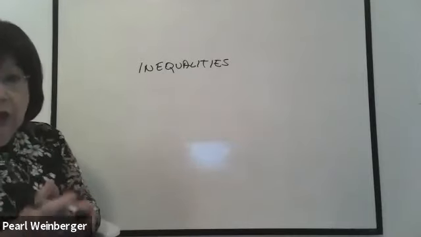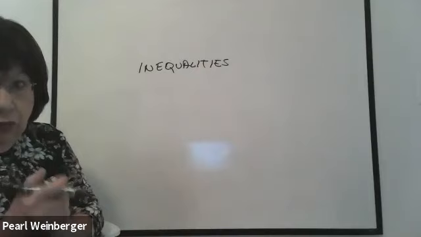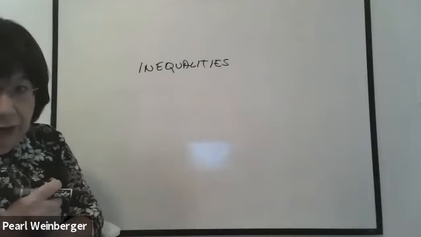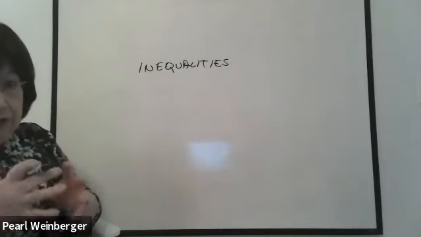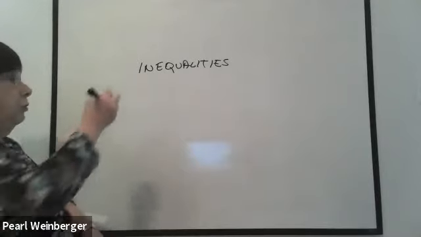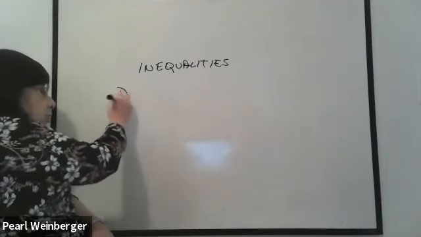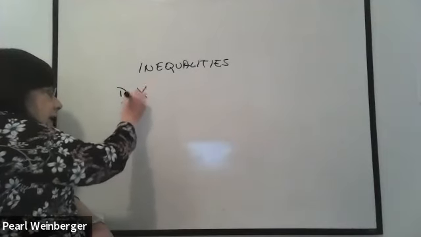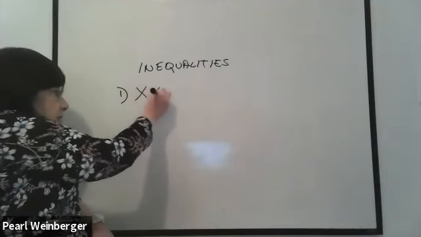There actually are 4 ways to write an inequality. There are 4 different types of inequalities we can write. I'm going to give you all 4 of them. Number 1, I could write something like x is less than 5.